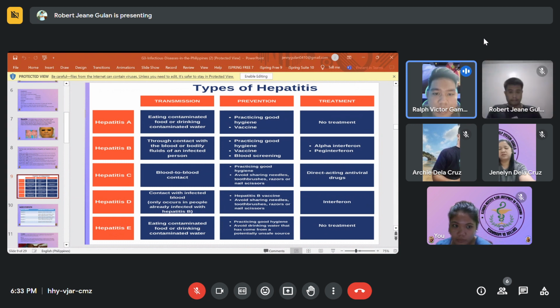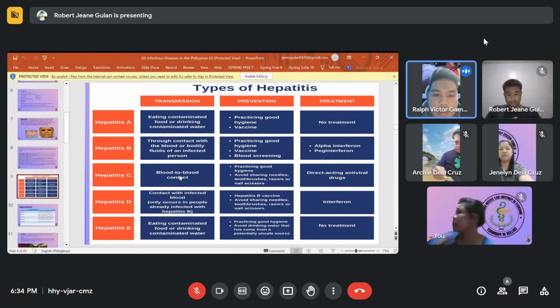For hepatitis C, the transmission is blood-to-blood contact. The prevention is practicing good hygiene and avoiding sharing needles, toothbrushes, razors, or nail scissors. The treatment is direct acting antiviral drugs.